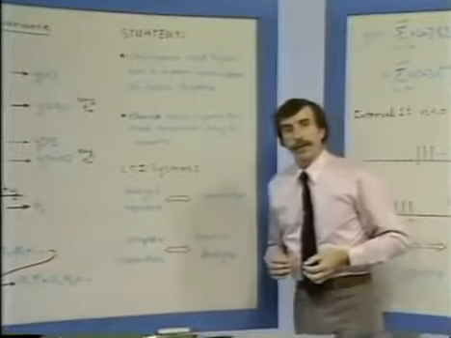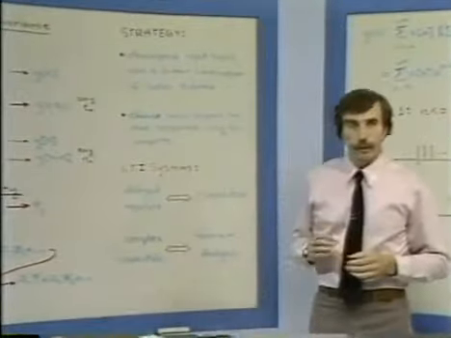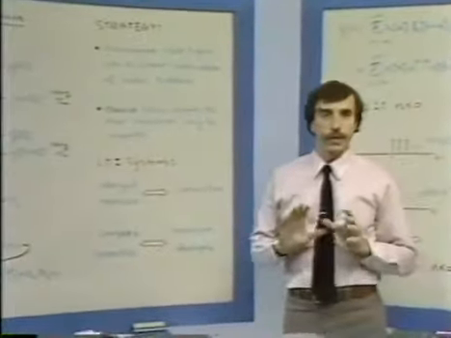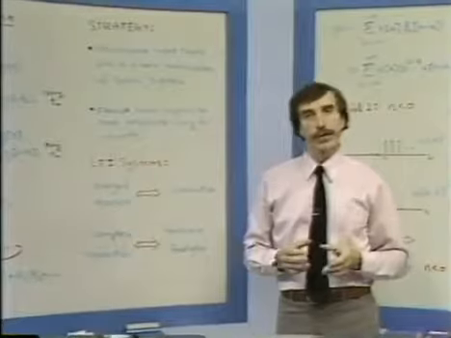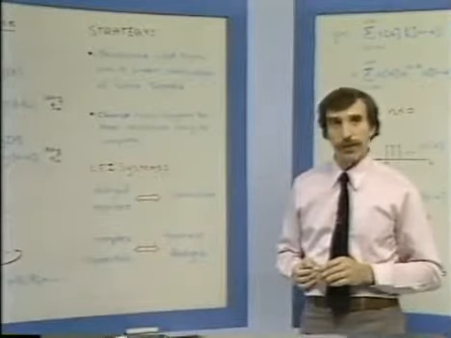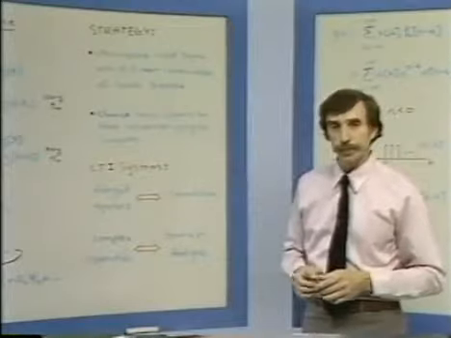Now, Fourier analysis will be a topic for a set of later lectures. What I'd like to begin with is the representation in terms of impulses and the associated description of linear time invariant systems using convolution.